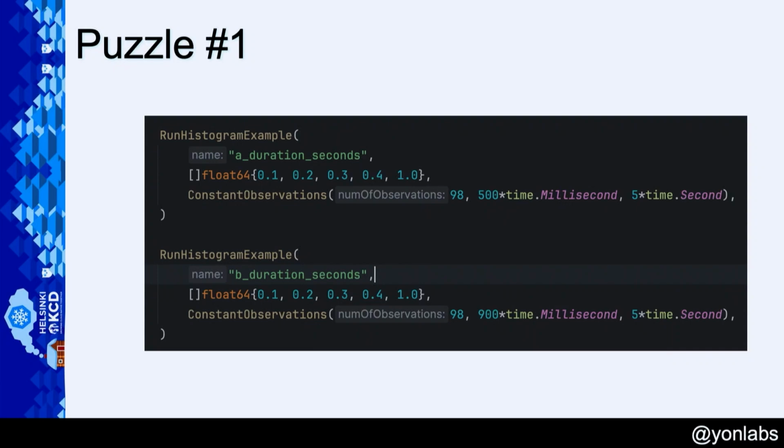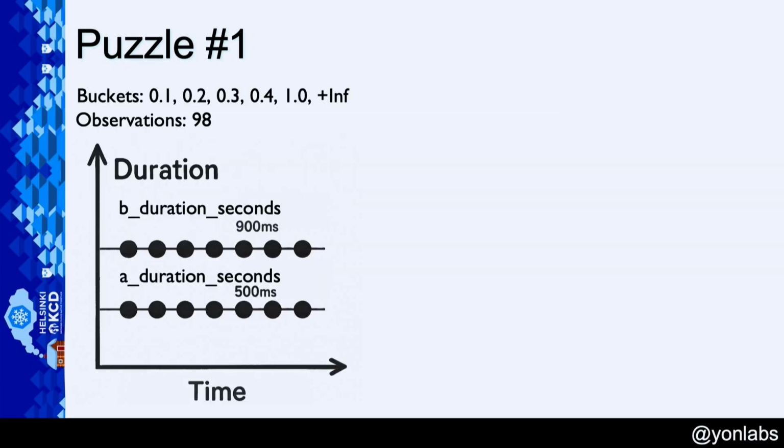The buckets are configured as you see them, and there are 98 observations, the first constant observations for each metric. The first one is recording 500 millisecond duration every 5 seconds. The second one, 900 millisecond duration, also every 5 seconds. So basically, you can see how it looks on the graph.